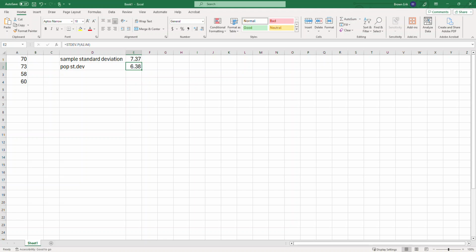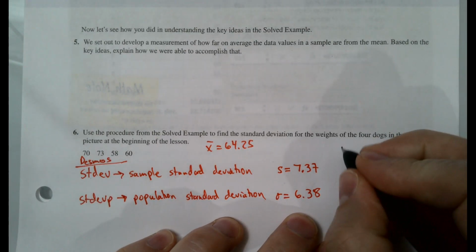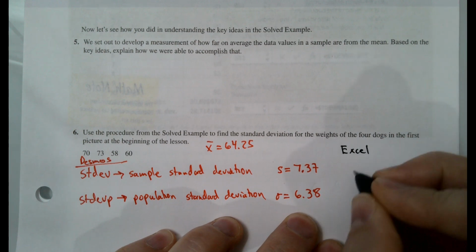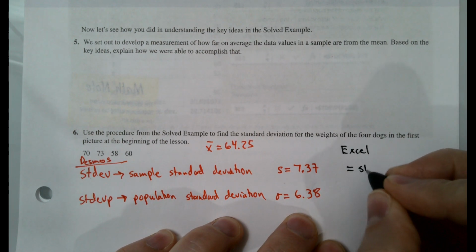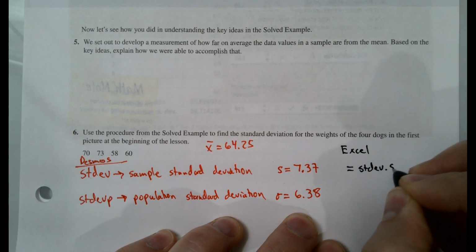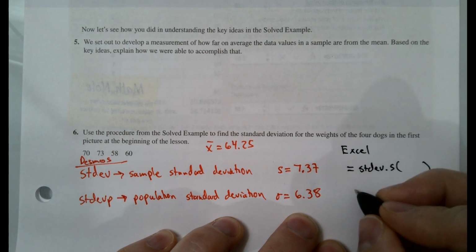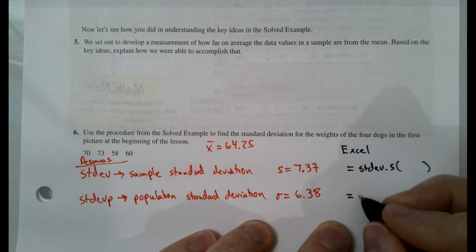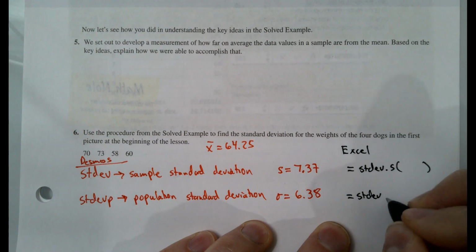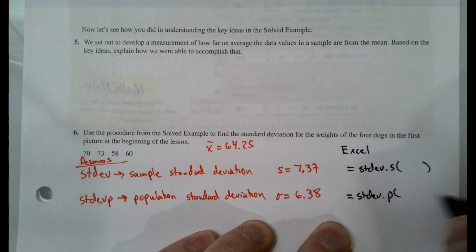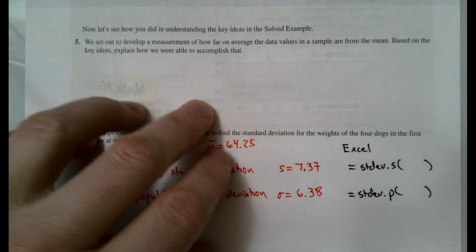Okay, so let's go back here and write that down. In Excel, you would do equals stdev.s and then parentheses with your stuff. And for the population standard deviation, stdev.p with parentheses. Okay, so now we know how to calculate it.